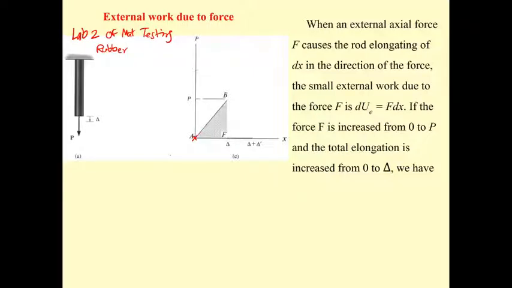When you put 50 Newton into the rubber specimen, it's going to get some elongation, that is going to be 5 millimeter per se. If you push it to 80 Newton, you get 8 millimeter. And then you put it to 100 Newton, you get 10 millimeter.